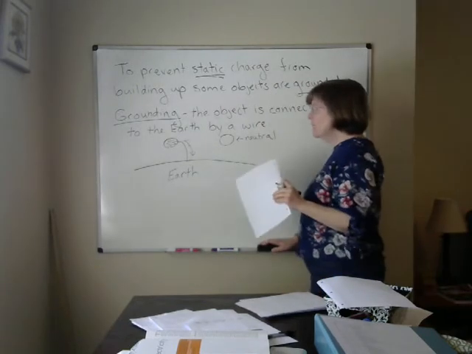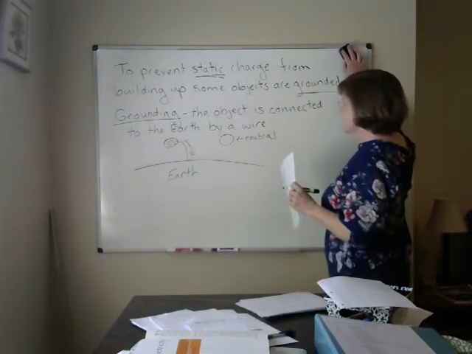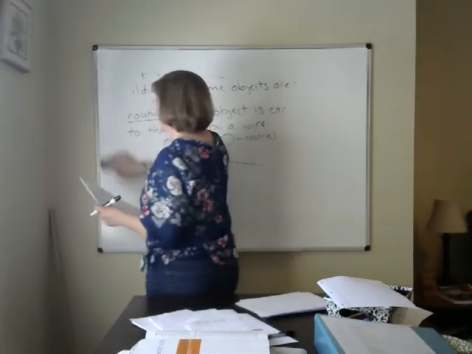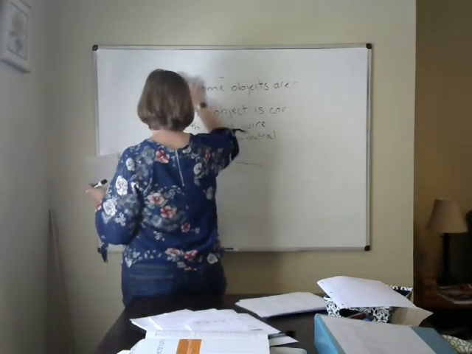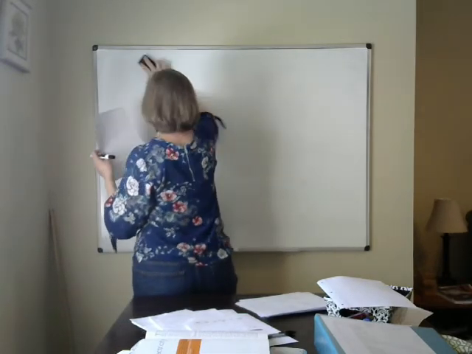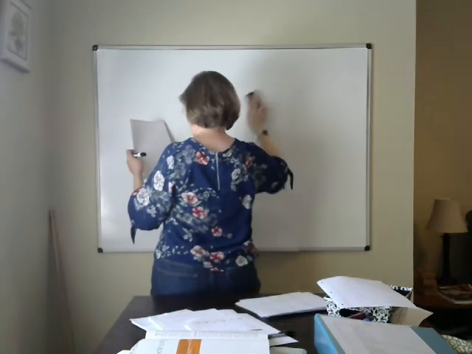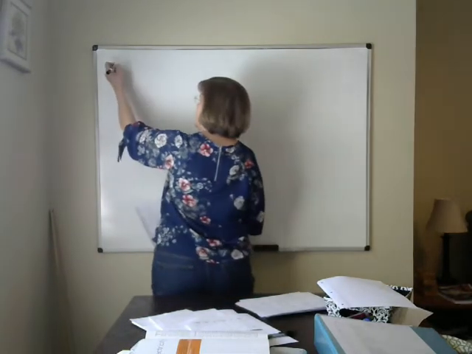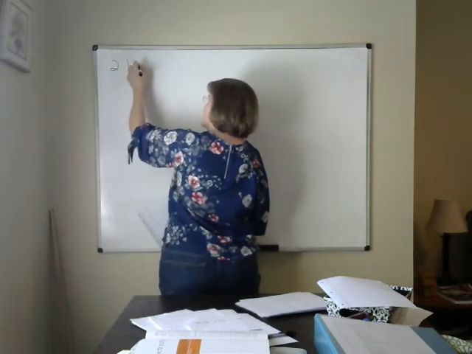Okay, we've been using some vocabulary, but we want to go back over a few things that I feel like you should know, but I want to be sure you know. First of all, there are two kinds of charge.